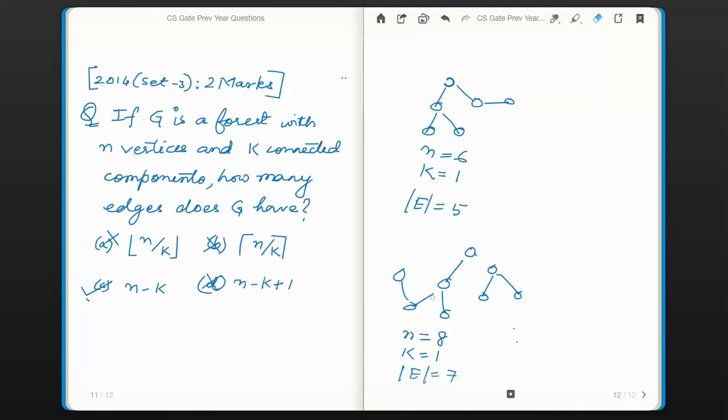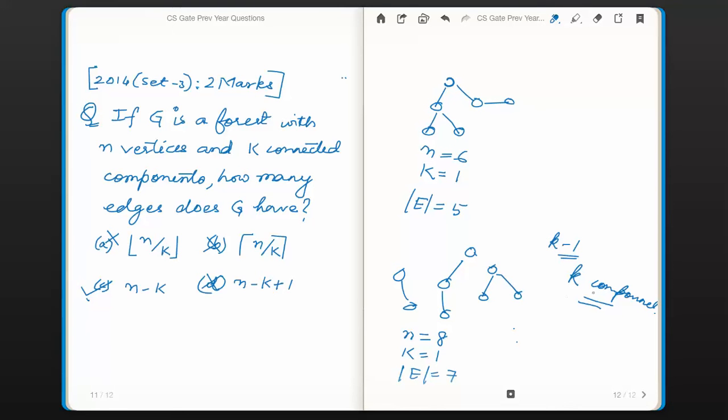If we eliminate another edge from this graph, we would get three connected components. Likewise, in general, if we eliminate k minus 1 edges, we would get k components. So to get k components, starting with a tree with n minus 1 edges, we have to eliminate k minus 1 edges from the tree.